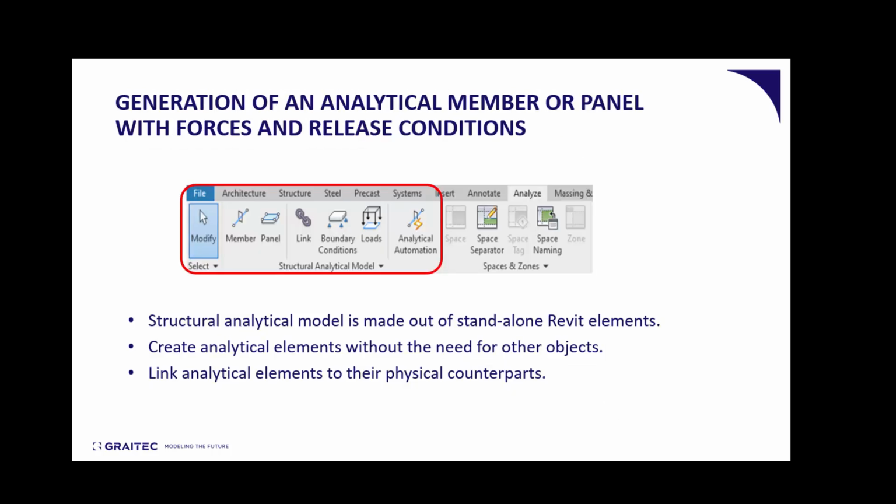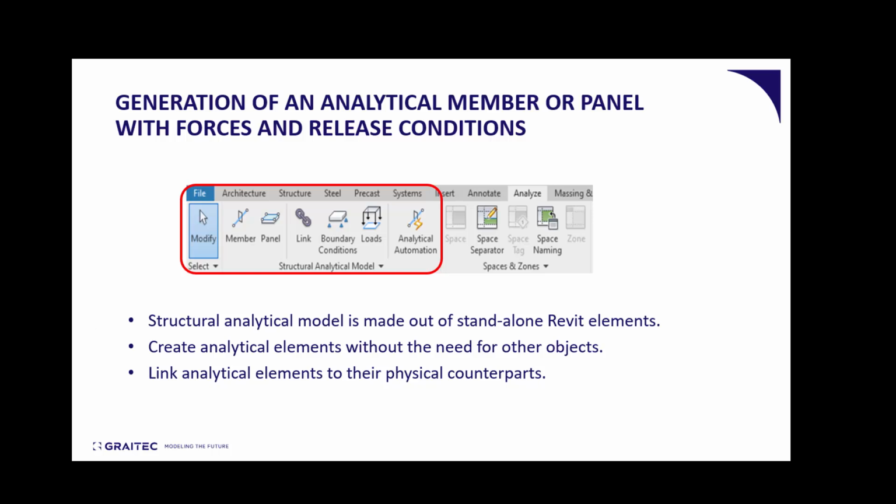Panel and member are the new functions to realize the analytical model. They are placed in the Analyze tab, and they are very useful. With member, we can create beam, column, but also some curved elements. And in panel, we can create wall and floor.